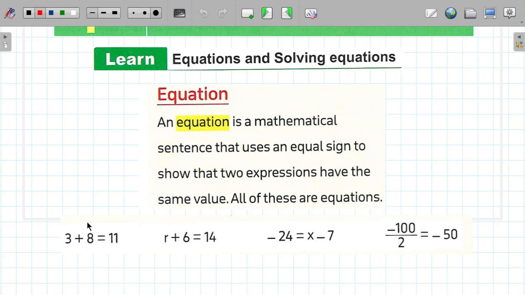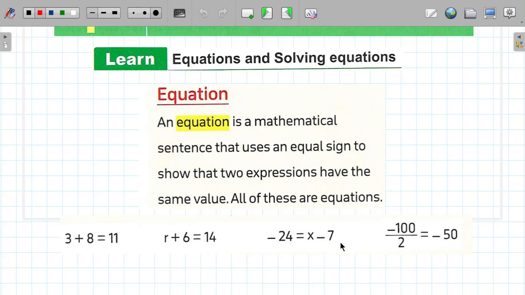So I have 3 plus 8 equals 11. This is an equation because the two sides are equal. Here I have r plus 6 equals 14. So the variable plus the number 6 equals 14, but I don't know the value of r. Here I have negative 24 equals x minus 7.